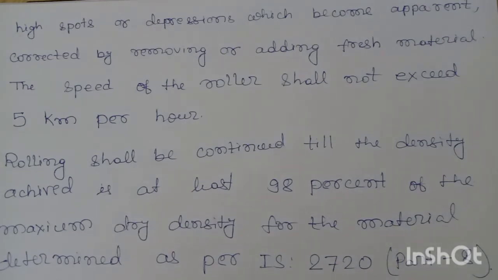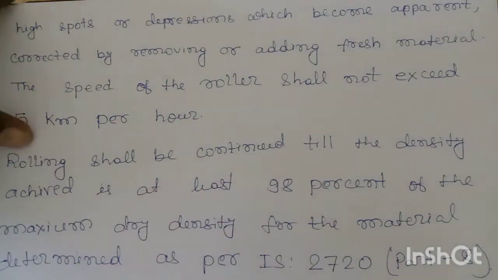The speed of the roller shall not exceed 5 km per hour. Rolling shall be continued till the density achieved is at least 98% of the maximum dry density for the material determined as per IS 2720 Part 8.